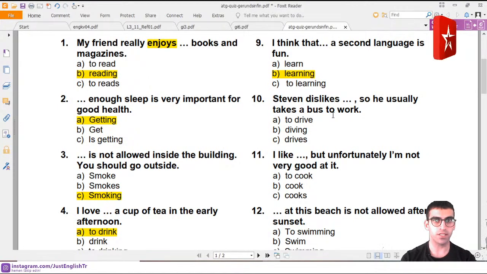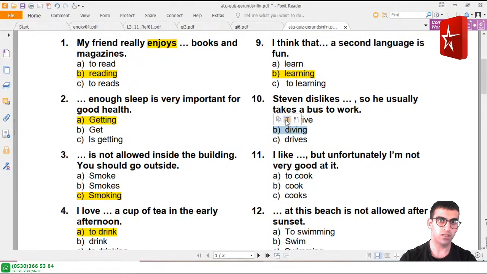Number 10. Steven dislikes driving or drives, so he usually takes a bus to work. Number 10, which one is correct? Number 10 is driving. Yes, guys, driving is the correct answer for number 10.